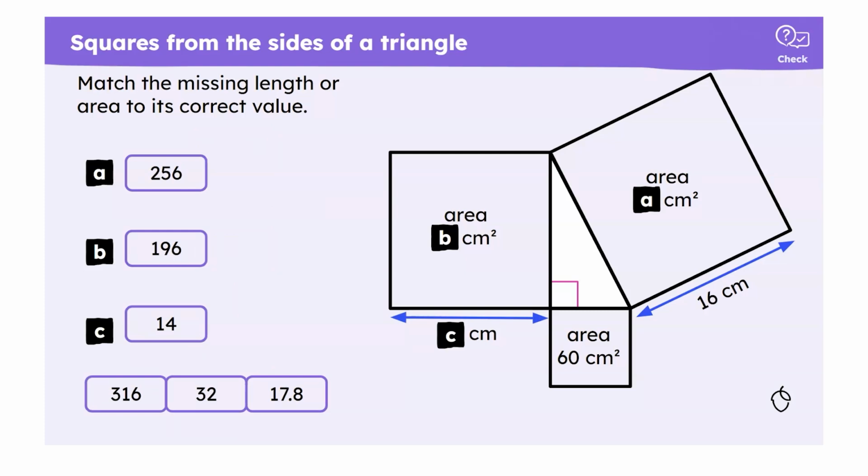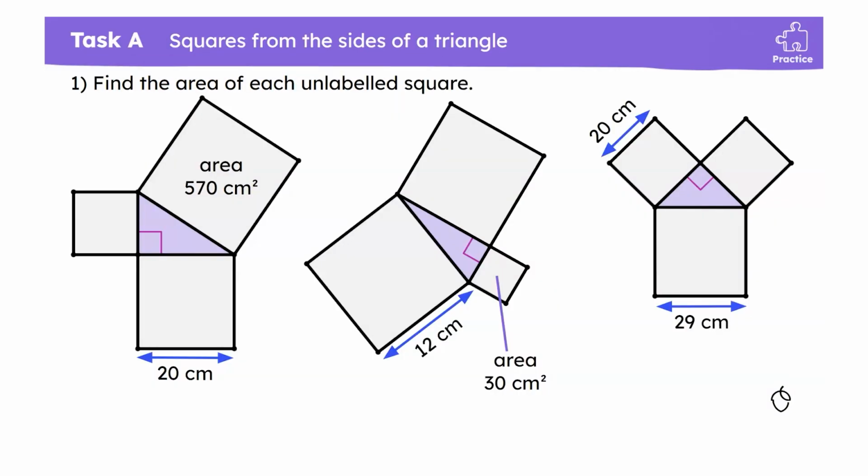For B, since it is a smaller triangle, since the square is not opposite the right angle, I subtract the other two areas. So 256 that we got from part A, take away 60 equals 196. For C, I then square root that same area, and so the square root of 196 is 14. Brilliant. On to the practice.